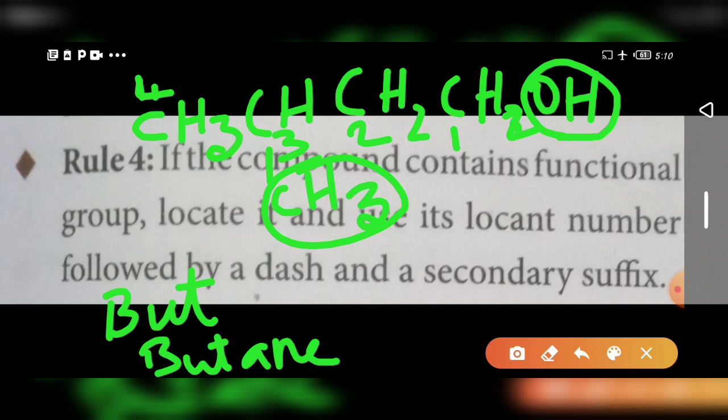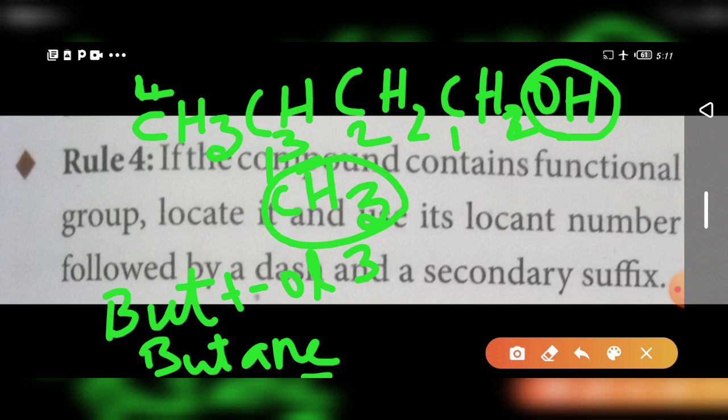Instead of E, you put, that is first carbon, 1-ol, and the substituent methyl group is attached at the third carbon.